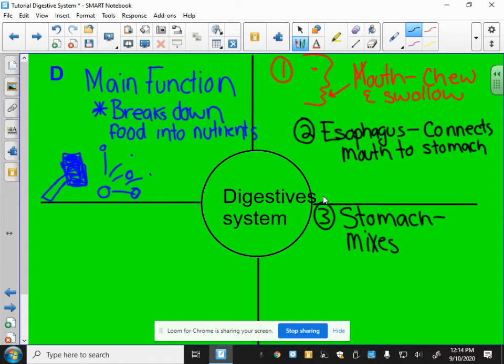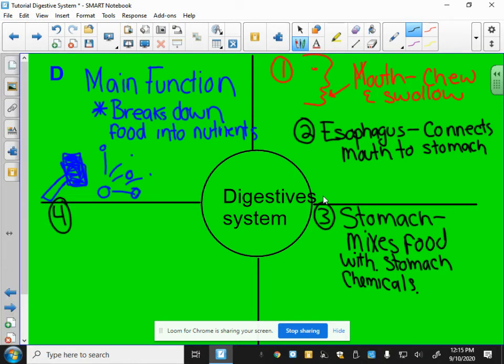It mixes food with stomach chemicals. And we will learn later what those chemicals are. All right, follow along.